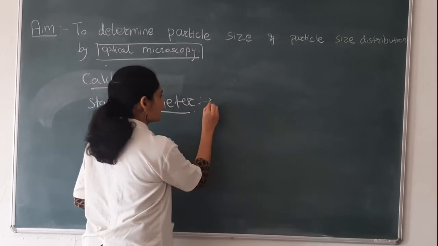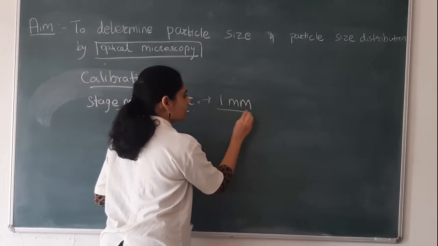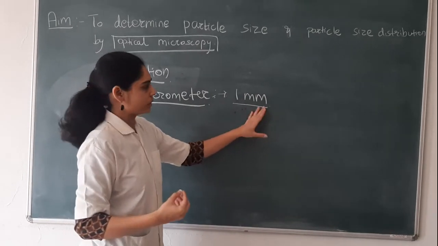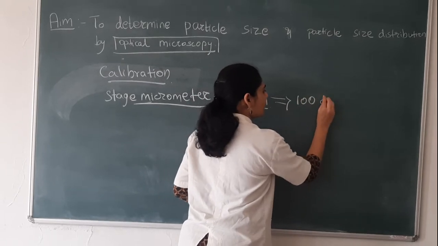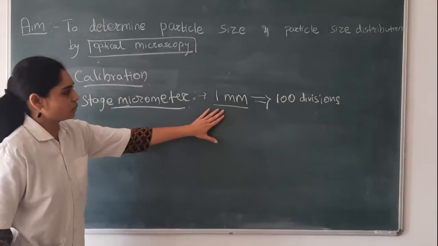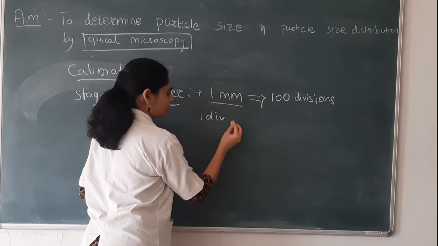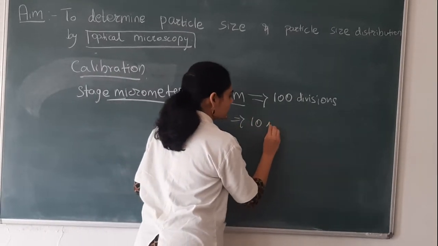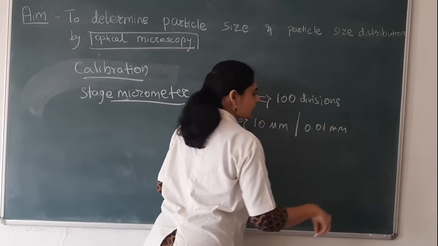It has a line of 1 mm drawn on it, and this 1 mm line is divided into 100 divisions. As this 1 mm is divided into 100 divisions, one division on this stage micrometer becomes equal to 10 micrometers or 0.01 mm.